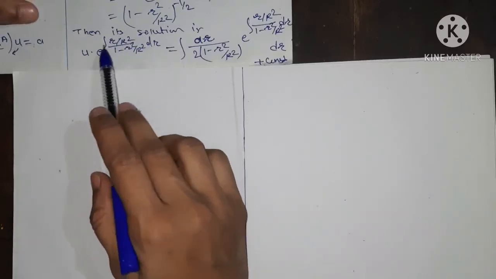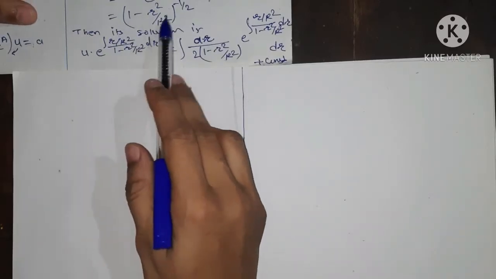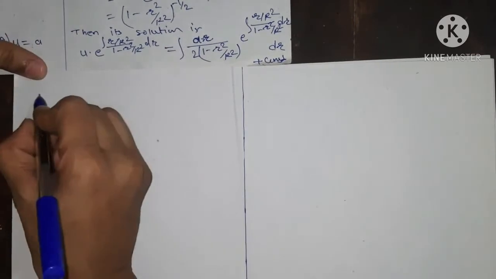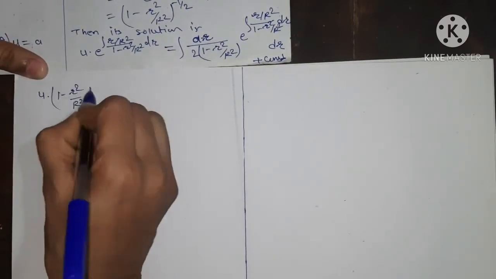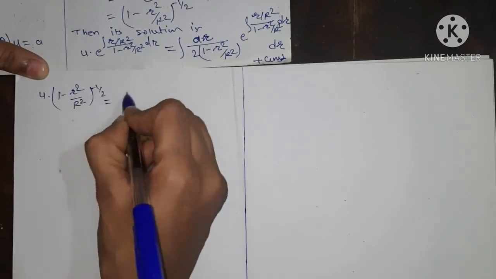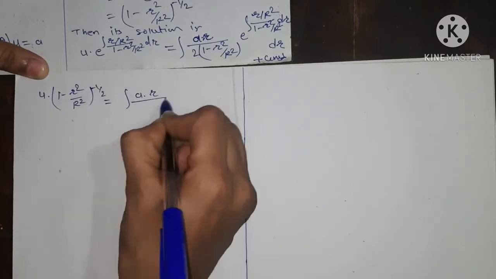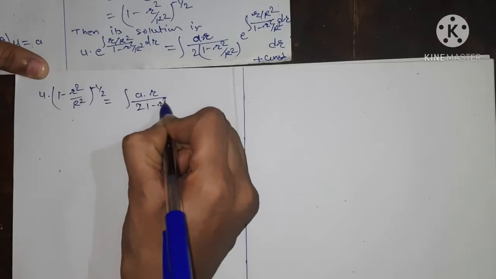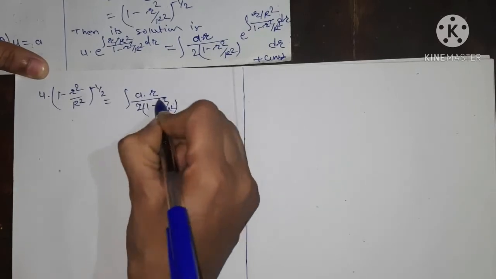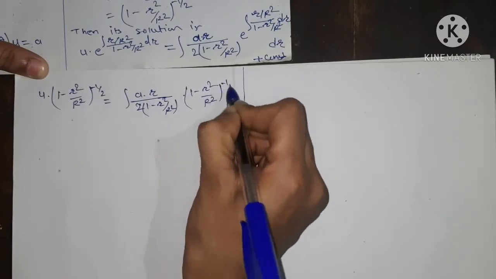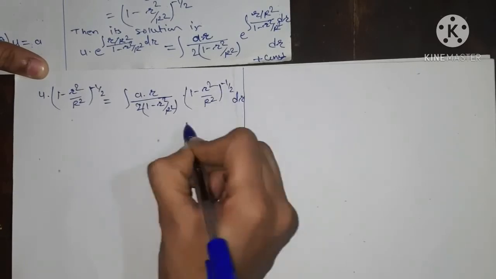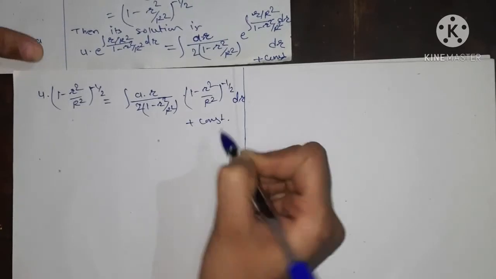Now we solve this. As our integrating factor is 1 minus r square upon capital R square to the power minus half, we write u into 1 minus r square upon capital R square to the power minus half equals integral of a into r upon 2 into 1 minus r square upon capital R square into 1 minus r square upon capital R square to the power minus half dr plus the constant.